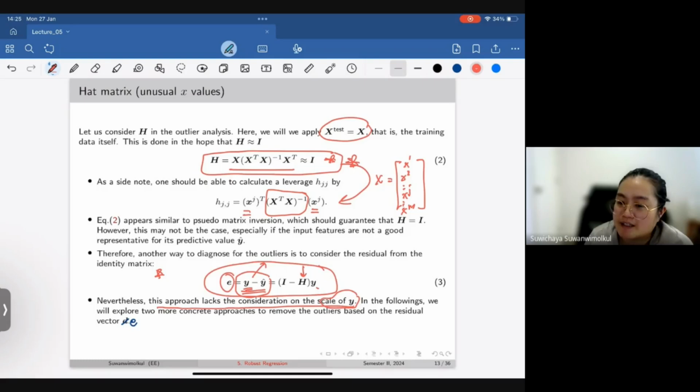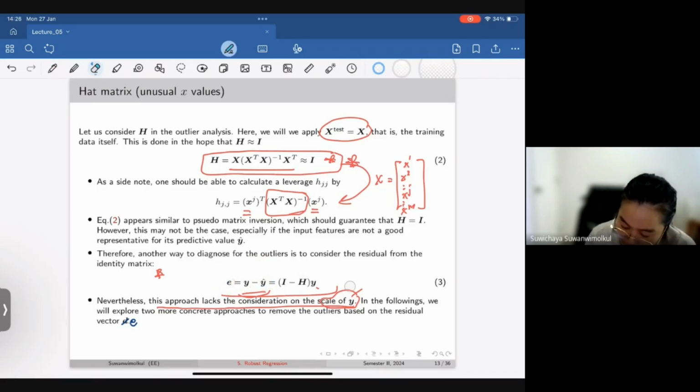So when we want to extend our view beyond the hat matrix to the residual, we probably need methods that help us normalize and give us a better way to judge the error with respect to the scale of the measurements, in the training or maybe in the testing. But usually everything that we talked about here, especially in these slides, is in the training, because we are trying to monitor the outliers in our training samples.